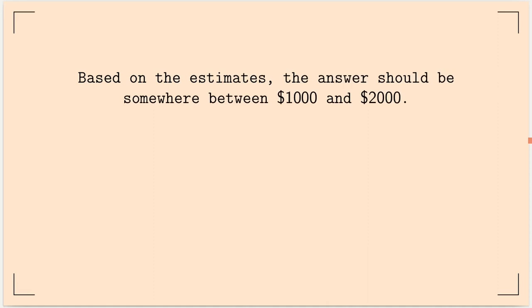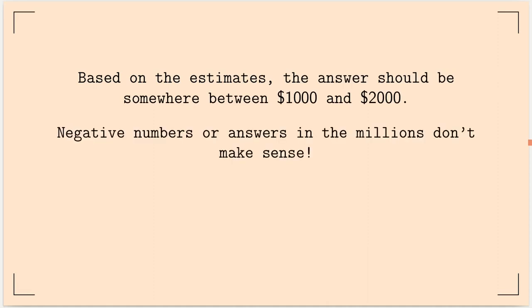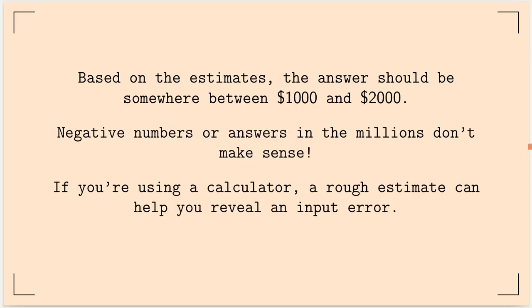And keep in mind, this is a very rough estimate. But negative numbers or answers in the millions don't make sense. And believe it or not, I have seen both of these answers in a problem like this. If you're using a calculator, a rough estimate can help you reveal an input error, and this can be really useful as well.